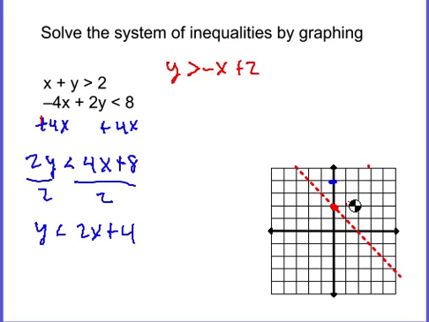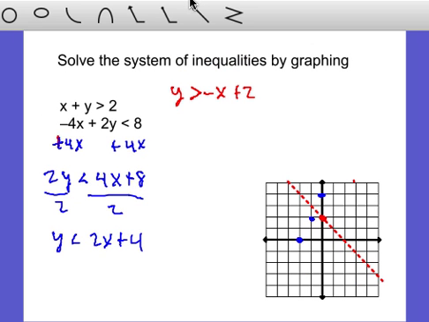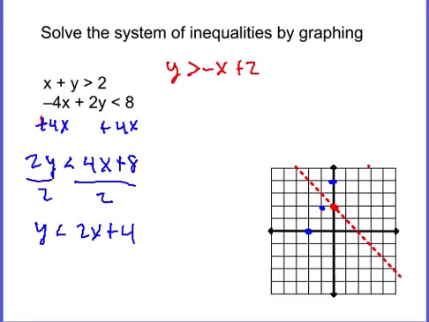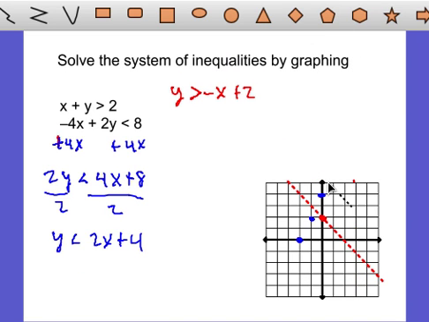I'm having trouble with backward slopes today, I guess. I forgot to shade the red one, didn't I? This one is a dotted line as well. Oops, still in red. Good grief, I'm struggling here, sorry.